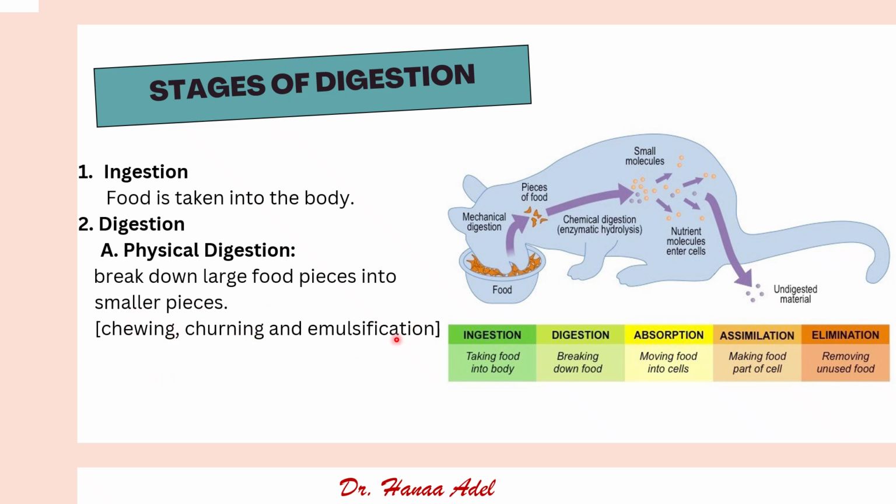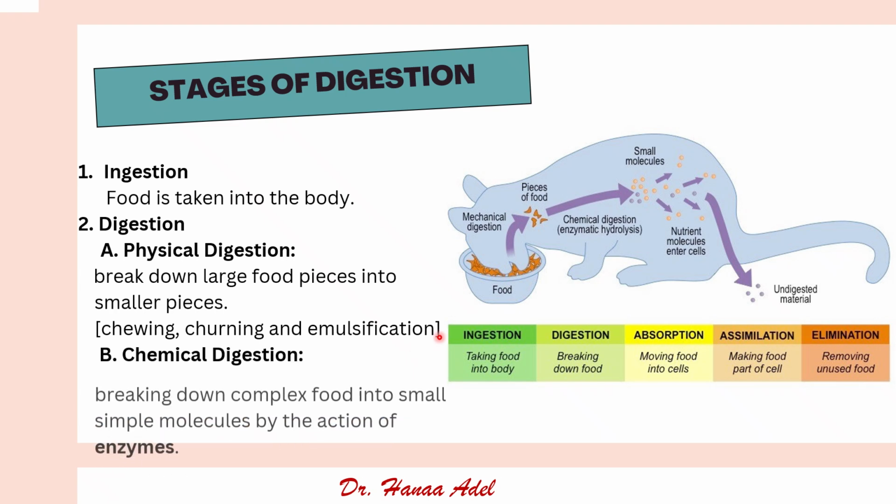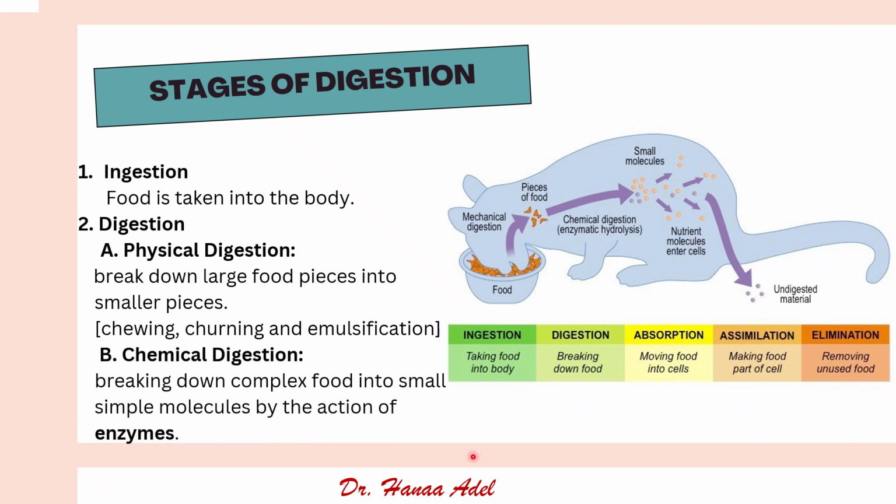The second type of digestion is chemical digestion. What is meant by chemical digestion? Chemical digestion is the breaking down of complex food into small, simple molecules. This is done by enzymes.